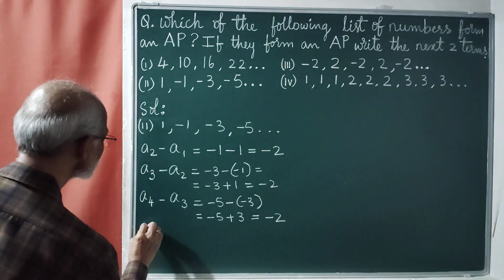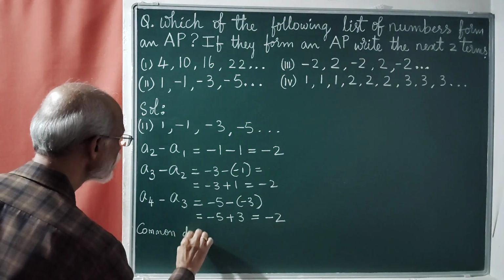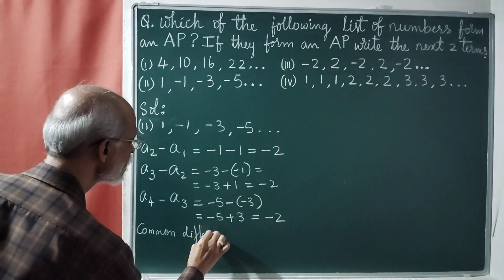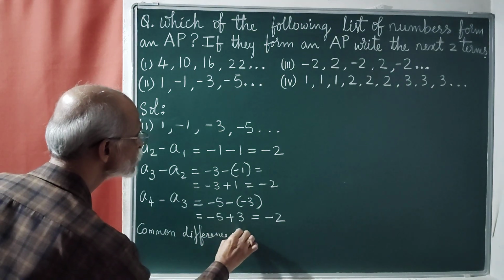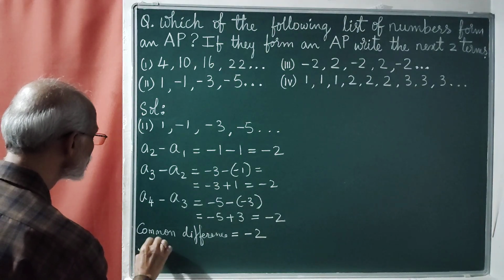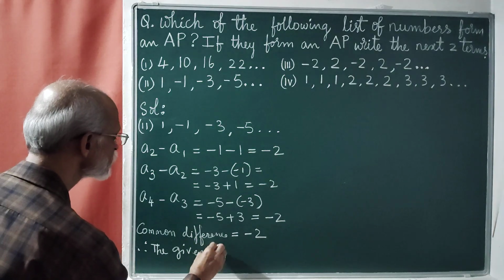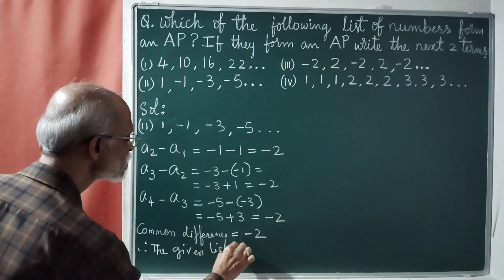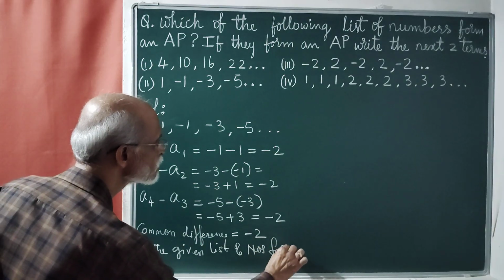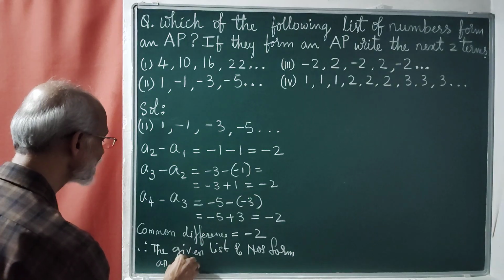So common difference is equal to minus 2. Therefore, the given list of numbers forms an AP.